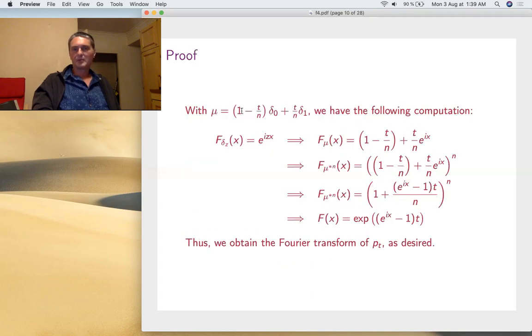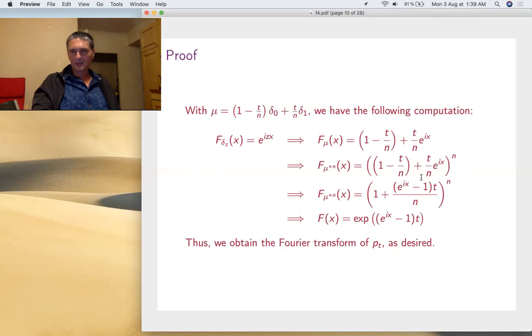So I have to compute the Fourier transform of this, and afterwards it's going to be easy. The Fourier transform is given by this on Dirac masses. So for this measure, I get this expression. I have to raise this measure to the power n in the convolution sense, so at the level of Fourier, you get a usual power n. And you can write it like this.